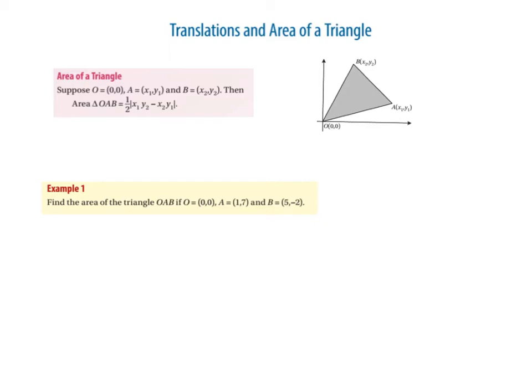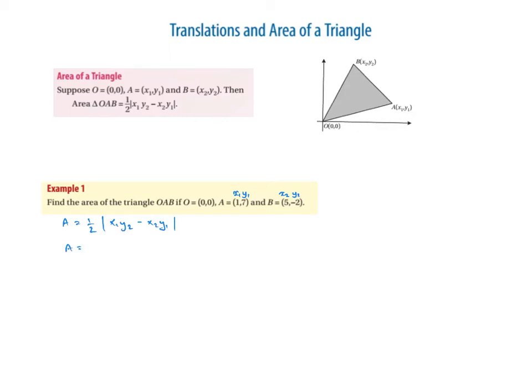So let's write down the formula: the area is equal to a half the modulus of x1 y2 minus x2 y1, and let's label our coordinates. I'm going to call this one x1, y1, and this one x2, y2. And all I'm going to do, guys, is just put the numbers in.